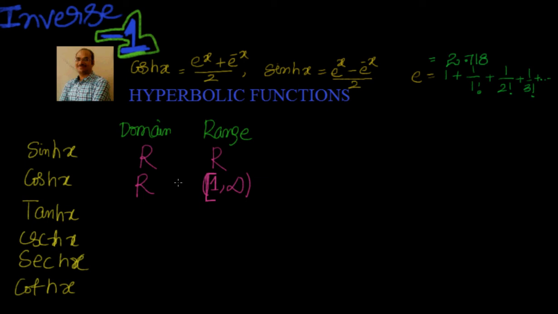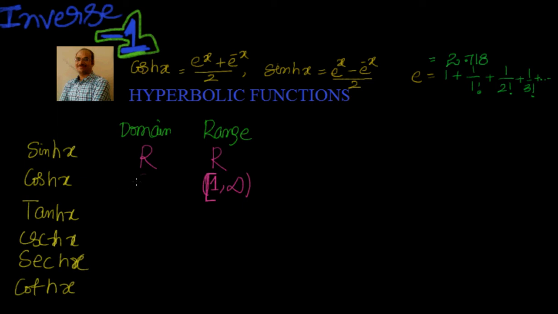So we thought we will take only half of it so that all the values are covered and the range remains the same. We said the domain we will fix from 0 to infinity. Instead of R, we will make it 0 to infinity. So let's go ahead and do that. We'll say the initial domain is R, but we will make it 0 to infinity, starting with 0 and going towards infinity.